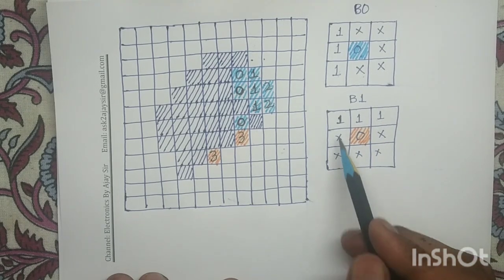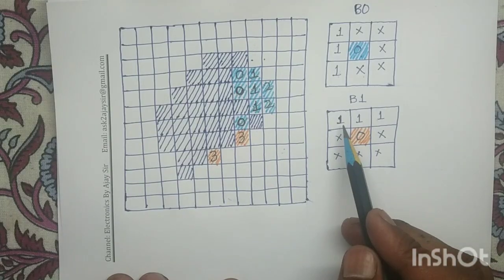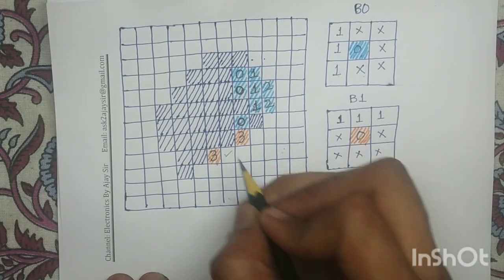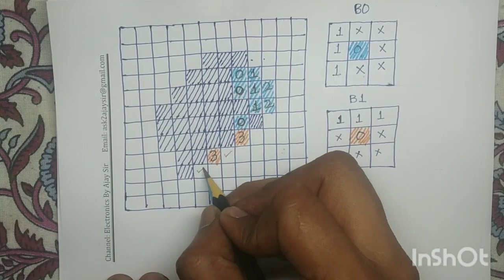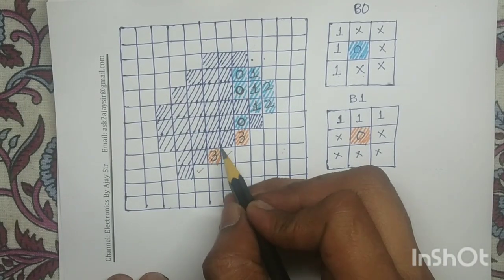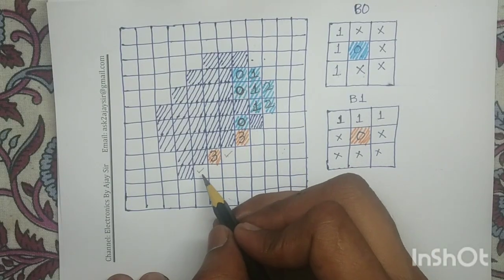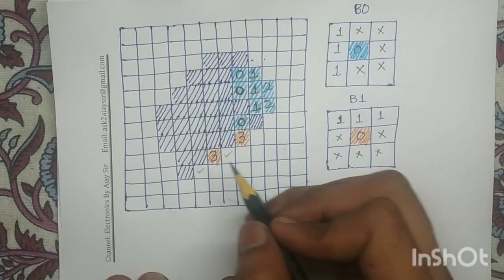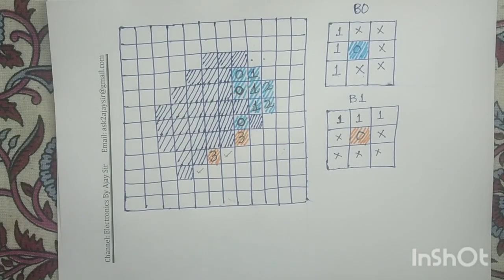So if you try to find the hit pattern for this structuring element B1, you will find this and this are my hit points. Here also the center is 0 and above 3 are logic 1. Here also the center is 0 and above 3 are logic 1. So let me mark these two hit points.